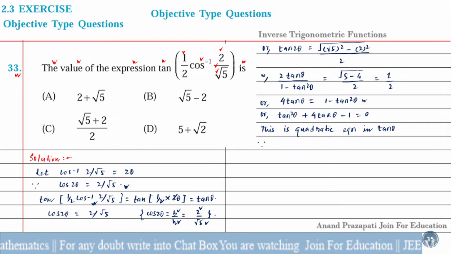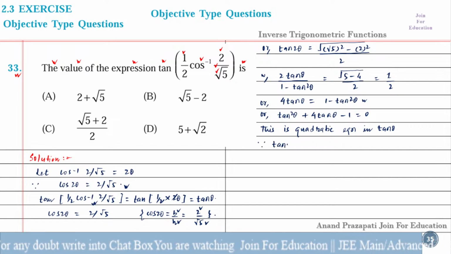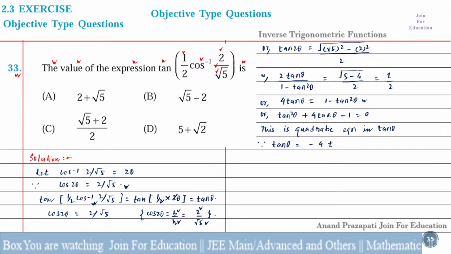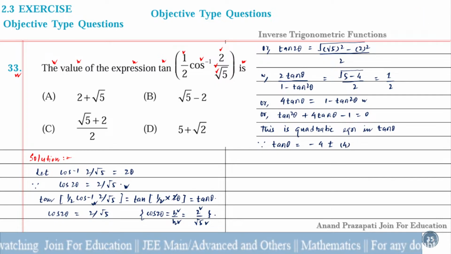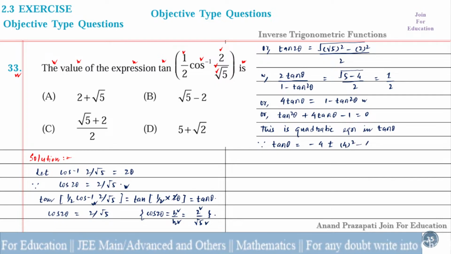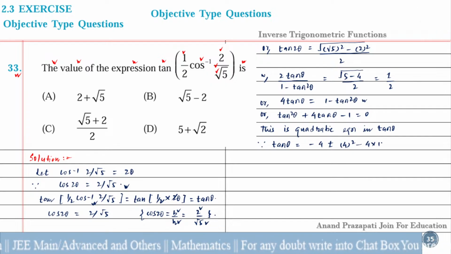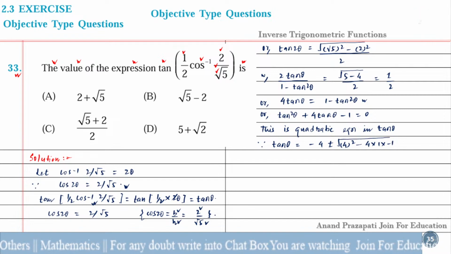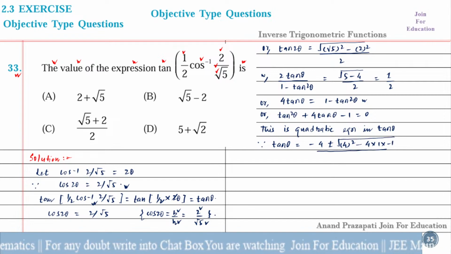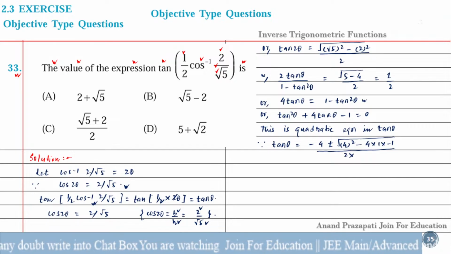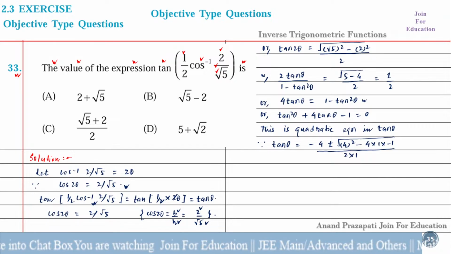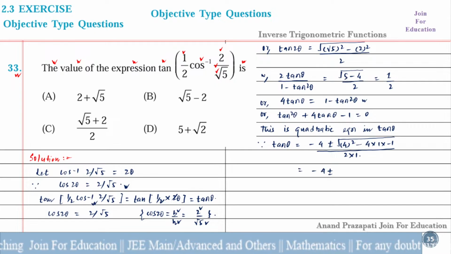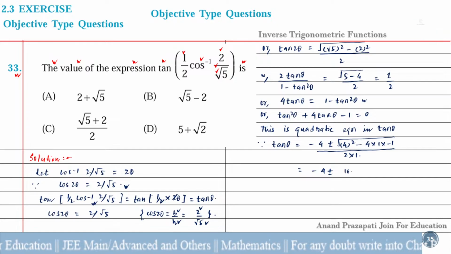Therefore, here tan theta equal to minus b plus minus square root of b square minus 4ac, it means 4 square minus 4 into 1 into minus 1, over 2a. It means 2 into the value of a, which is here 1. Therefore, the next step here will be minus 4 plus minus square root of 16 plus 4.